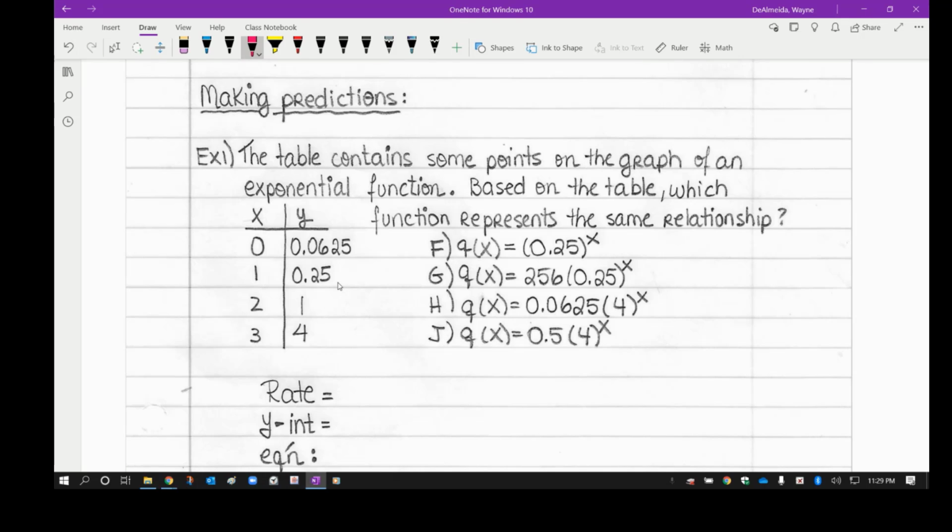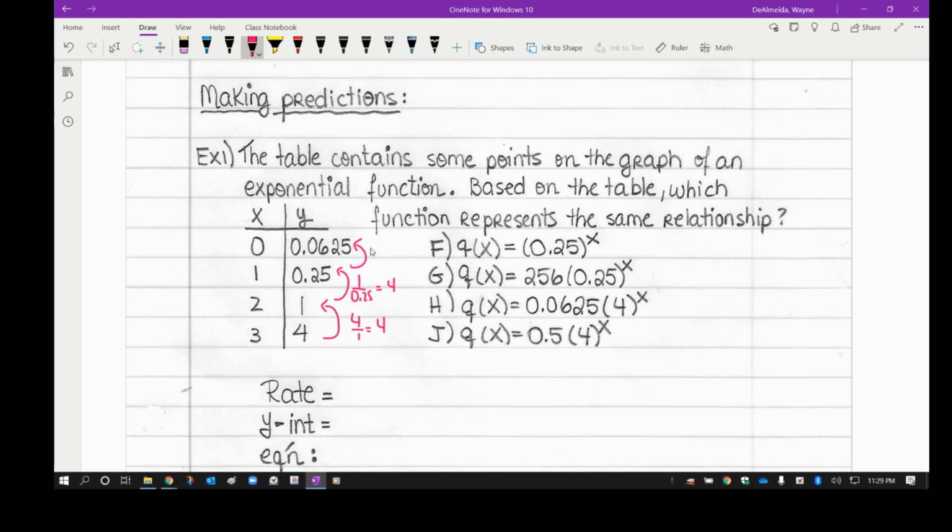Okay. So from the previous lesson, we learned that if we have an exponential function, if we take two numbers and divide them, we should get the same rate. So 4 divided by 1 is 4. And then 1 divided by 0.25, we're also going to get 4.